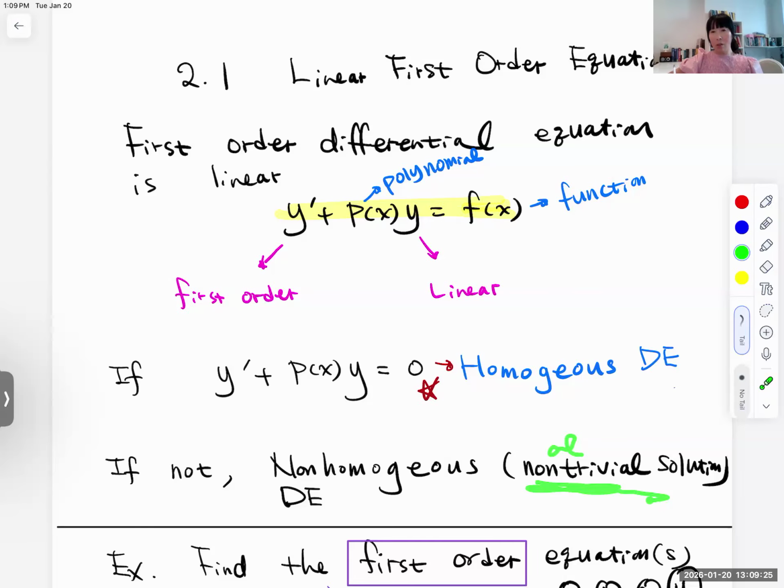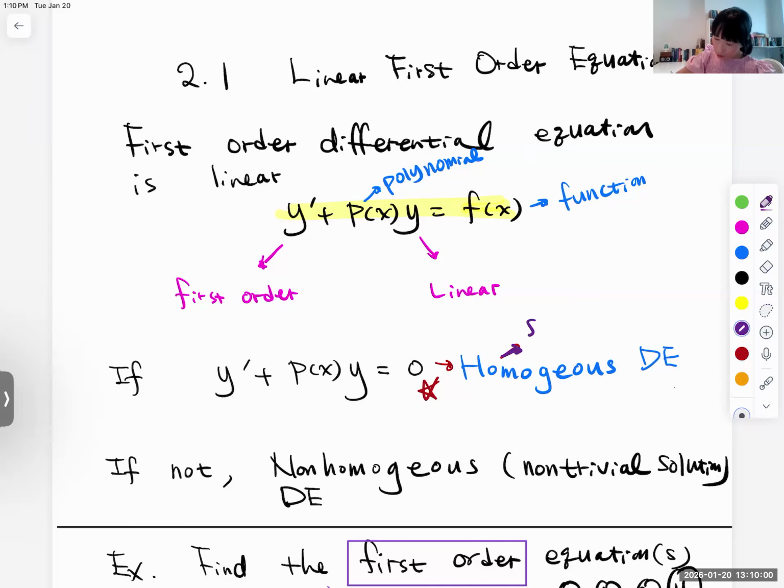In that case, what is a non-trivial solution? In order to know the non-trivial solution, we have to know the trivial solution. The trivial solution is the answer equal to zero, the zero solution. So a homogeneous equation can have a trivial solution or a non-trivial solution. Let me write that.